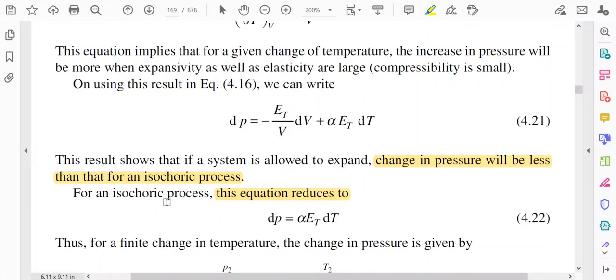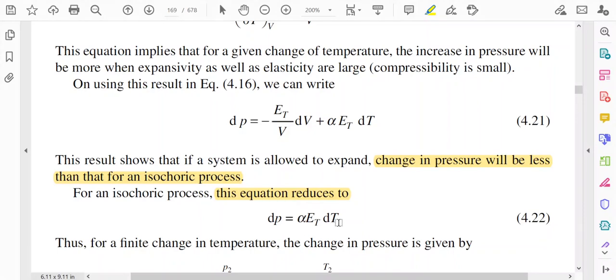Isochoric process means volume is fixed, so dV is equal to 0. So in that case, equation 4.21 will become dP is equal to alpha ET into dT. So this is the value of dP for an isochoric process.